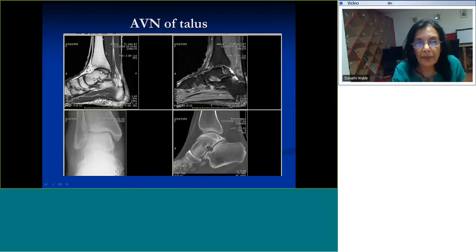This is the typical appearance of serpiginous low signal with adjacent high signal, and on contrast enhanced images, the portion of the avascular necrosis will not light up, with reactive changes along the edge.